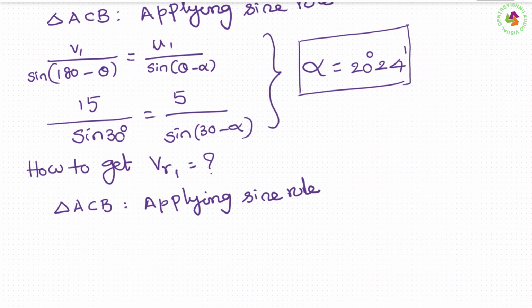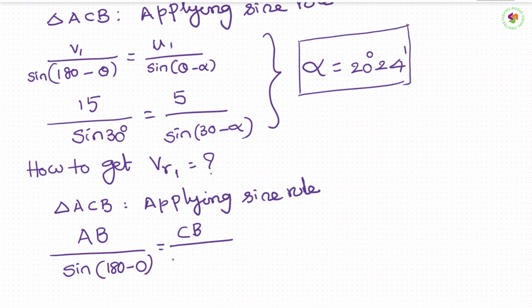Rather than the previous one, it is AB divided by sine of 180 minus theta is equal to CB divided by sine alpha, right?